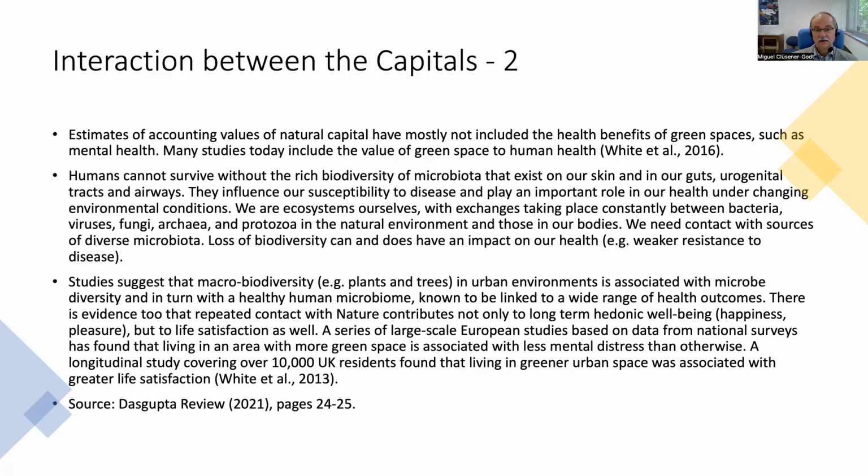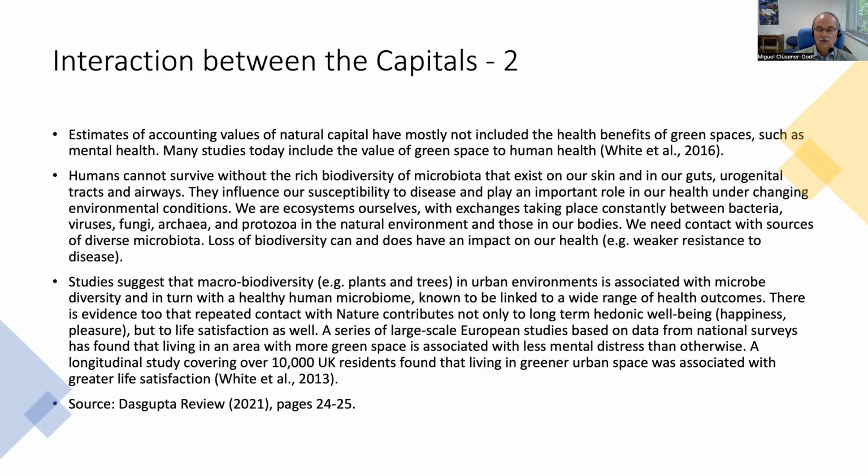Macrobiodiversity is really linked with a wide range of health outcomes. As I already mentioned, this hedonic well-being, we go into a park, all of a sudden we feel well, we have a feeling of happiness. This in our body releases endorphins that really make us feel happy. This makes us less mentally distressed.